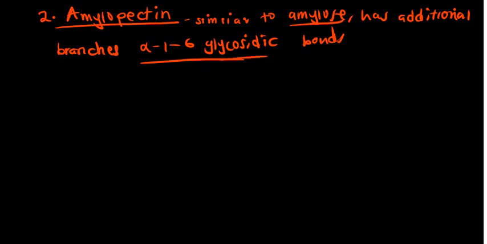So the first one, amylose, has 1 to 4, but this one has an additional one, which is alpha 1 to 6. And the chains for this one are shorter.